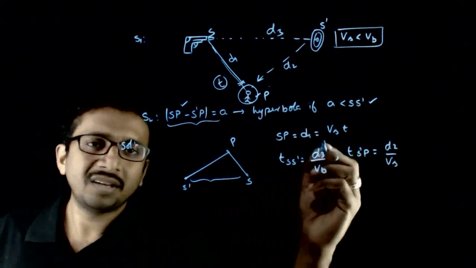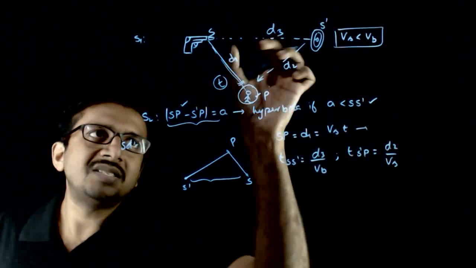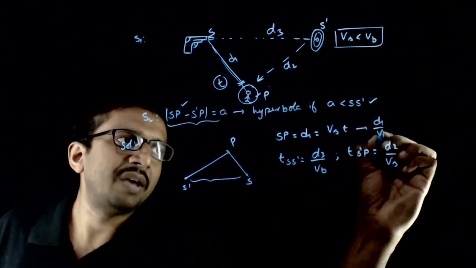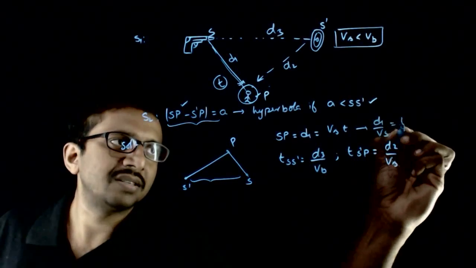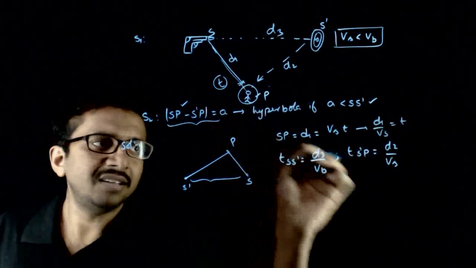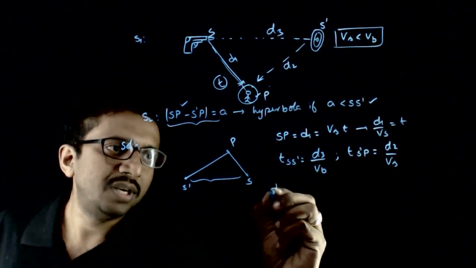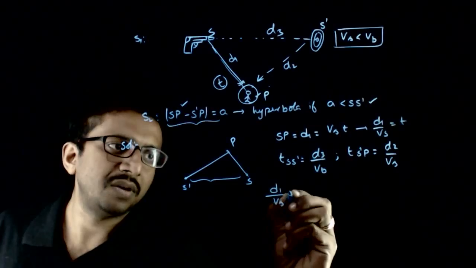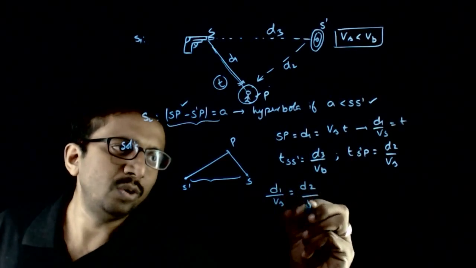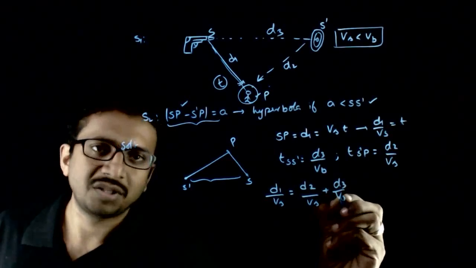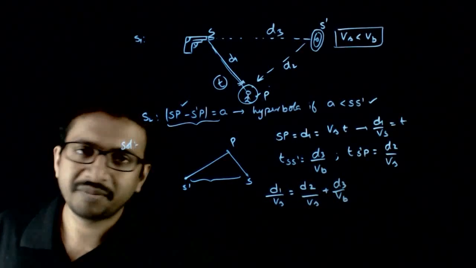Now according to the given condition, the time T is the same as the sum of these two times. So D1 by velocity of sound, which is the time taken directly, is equal to D2 by velocity of sound plus D3 by velocity of the bullet.